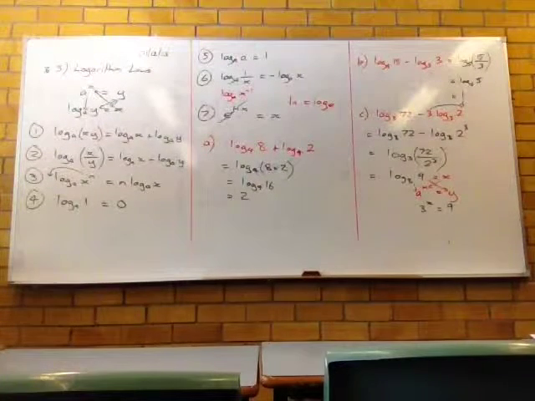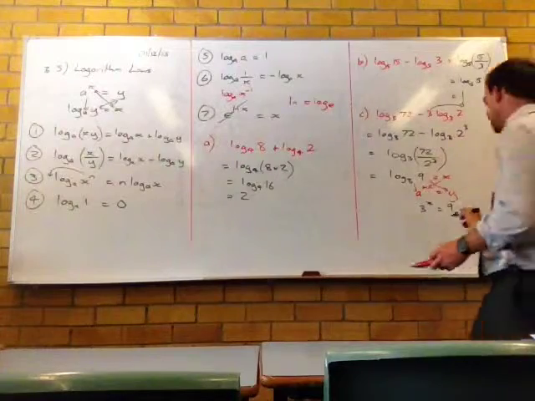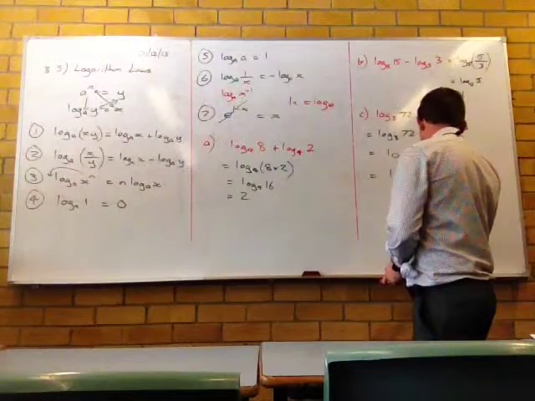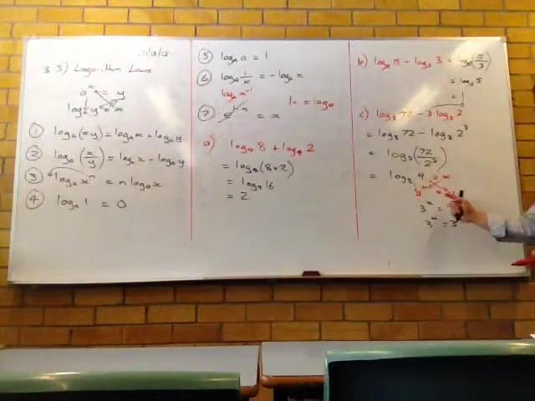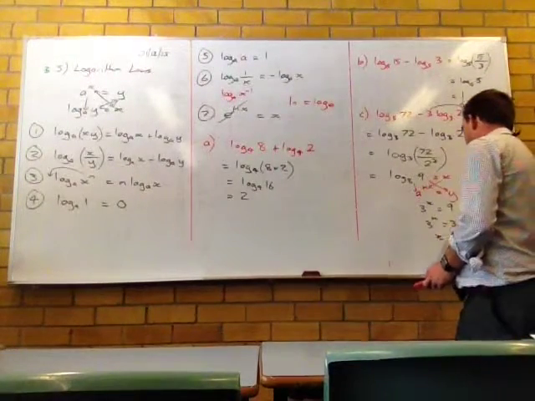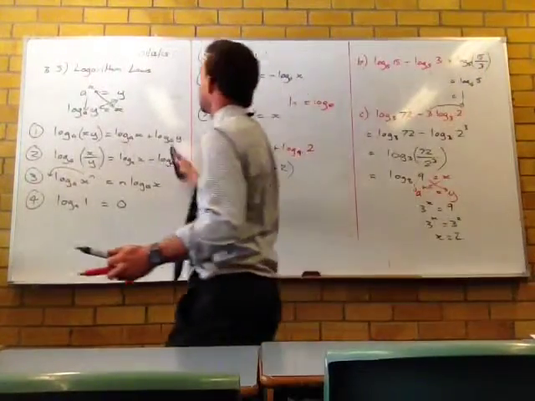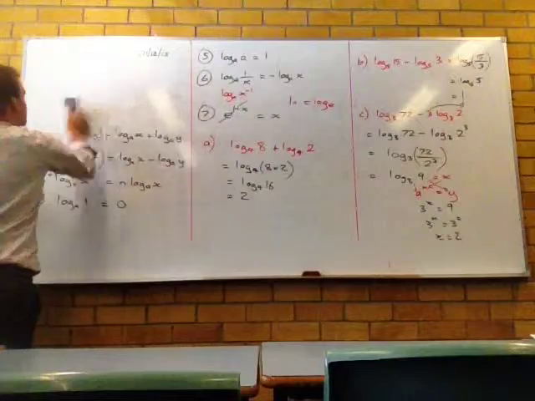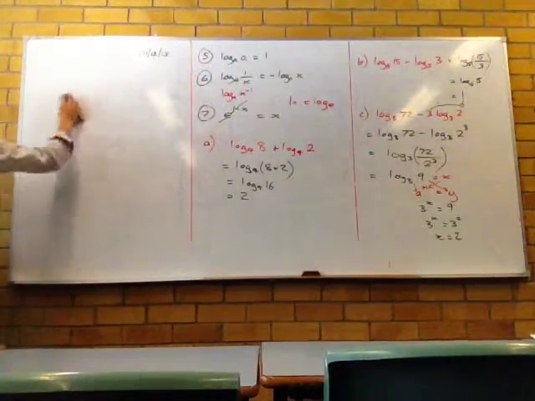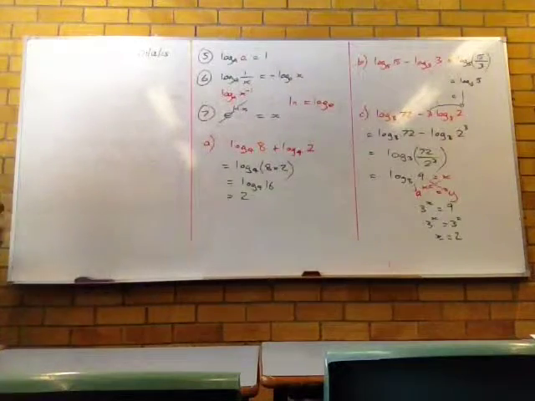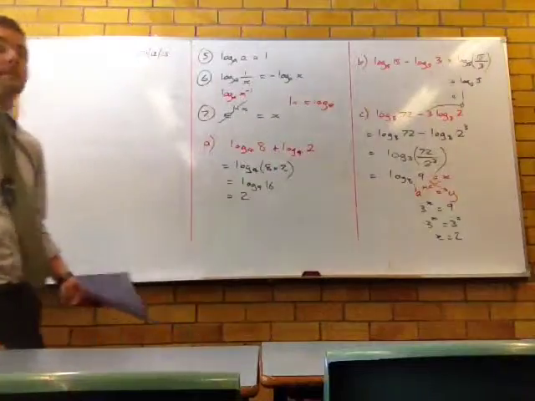That's what I've been saying, just not without the working. 3 to the power of what equals 9? 2. So, in other words, 3 to the power of x equals 3 squared. So the bases are the same, the index must be the same as well. Any questions?